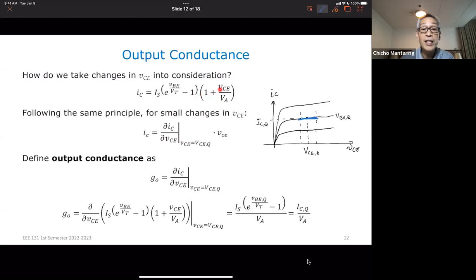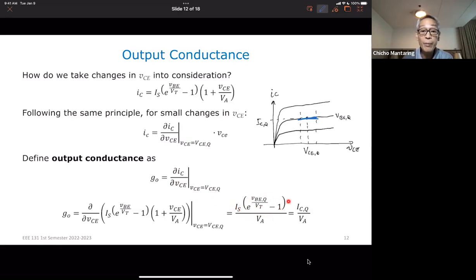The derivative of VCE over V sub A is just 1 over V sub A. Right? So lalabas, the only thing that will be left will be this divided by V sub A, which is this. That is the value of G sub O, your output conductance at your operating point.